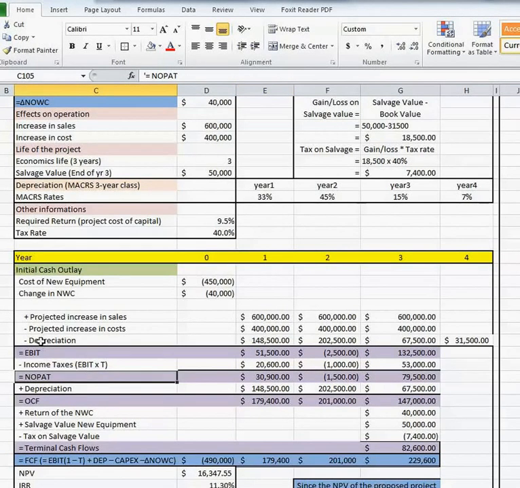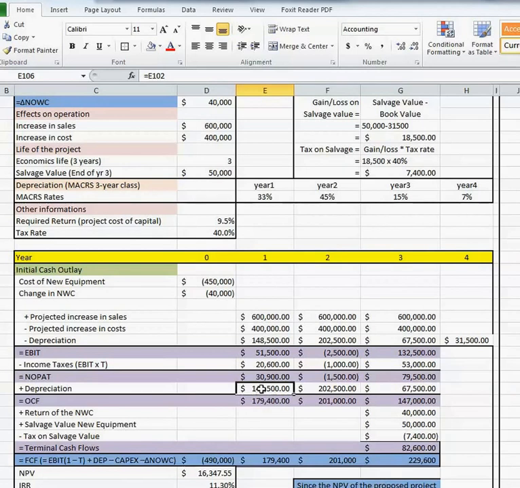All right, now we've calculated NOPAT. If you remember, we took out the depreciation. Let me put it simply: in finance, depreciation is not a cost, it's just a tax advantage. So when you calculate free cash flow or operating cash flow, we need to add it back once we've calculated the tax.